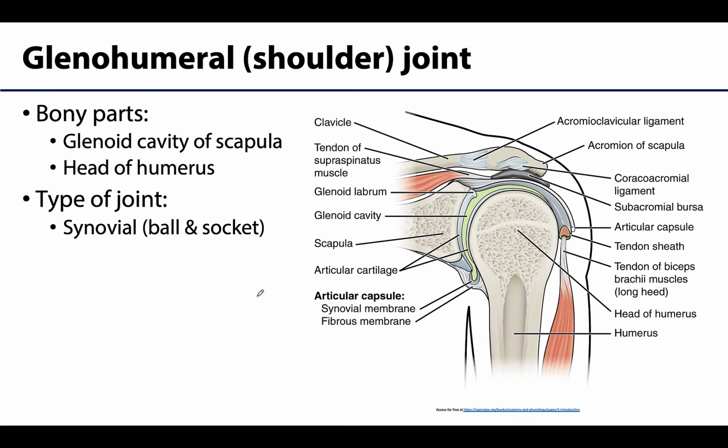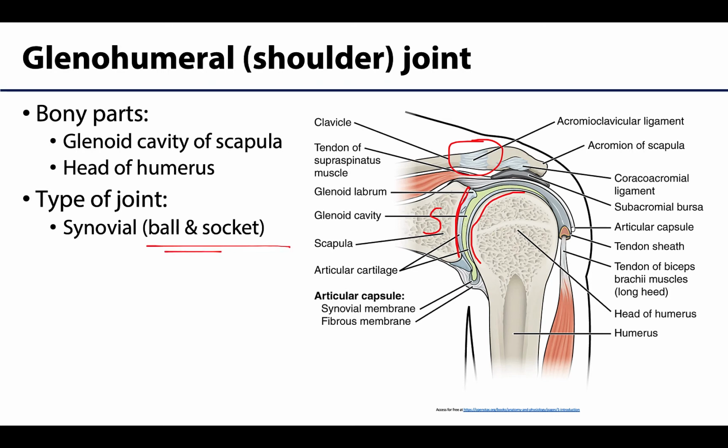Okay, moving to the glenohumeral or the shoulder joint. This is, as you can see, pretty close to that AC joint. It's going to be formed by the glenoid cavity or glenoid fossa of the scapula, and then of course the head of the humerus. And so this is our first and one of our best examples of a ball and socket joint.